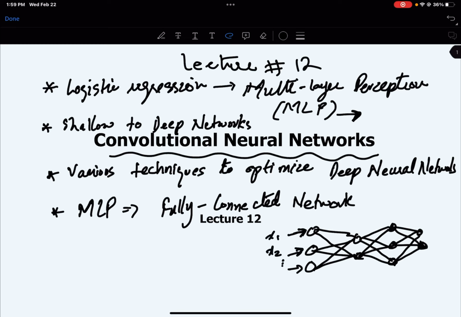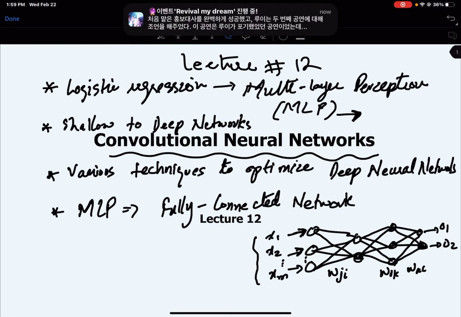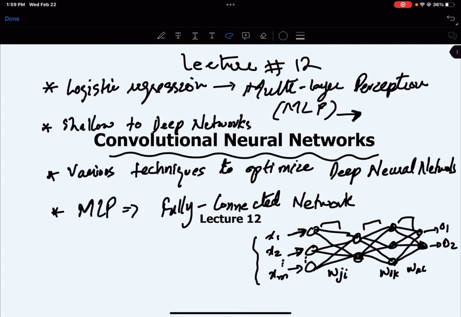So if we have an input vector, we have the weights on each weight matrix between each layer, and we have a weight value on each of these links, and all of the nodes in one layer are connected to all the nodes in the next layer.